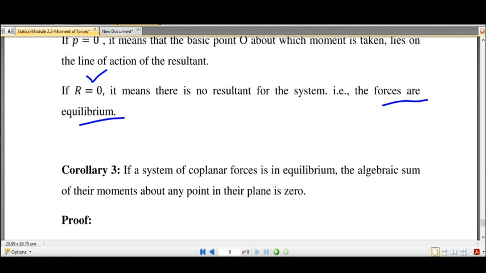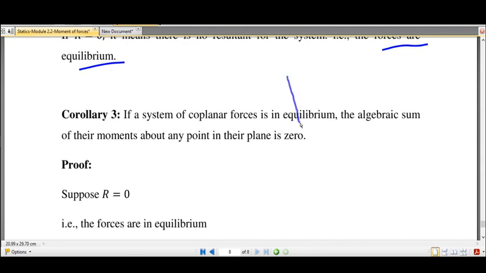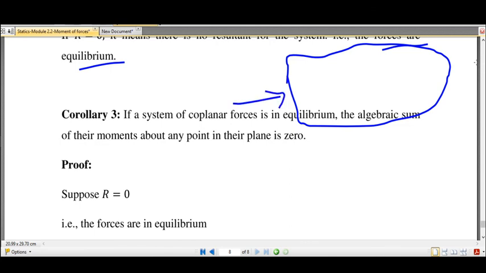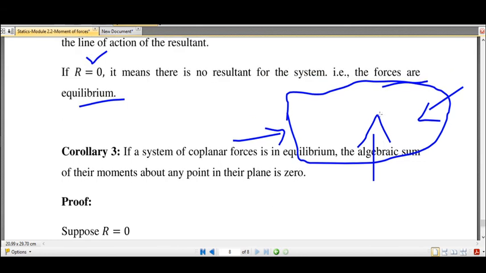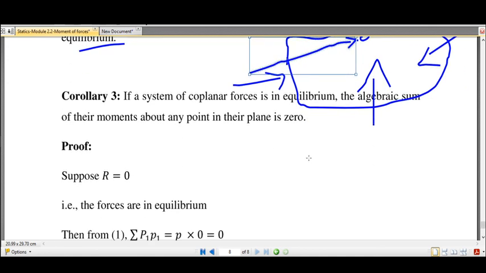The last corollary says that if any number of forces act on the plane, O is the fixed point, and the resultant passes through O, then the system of forces is in equilibrium.